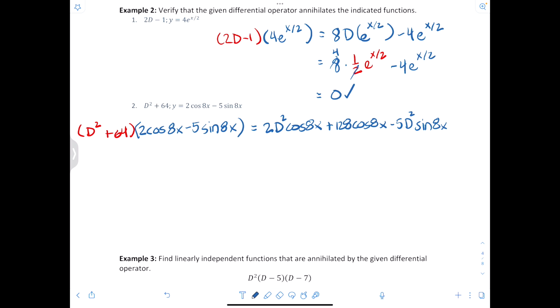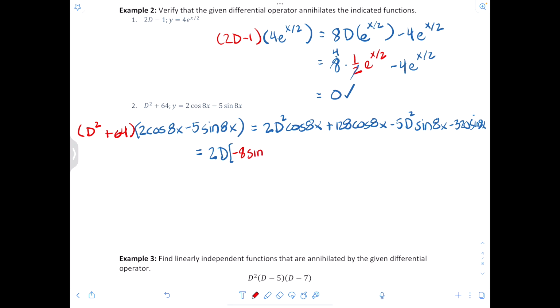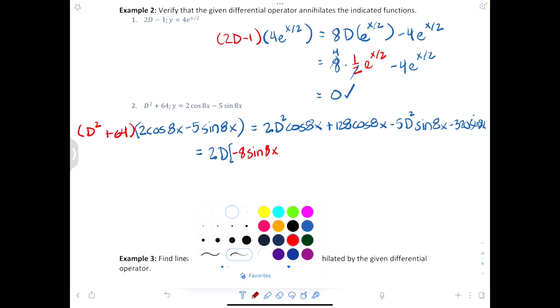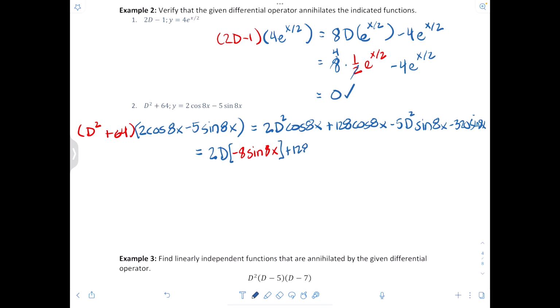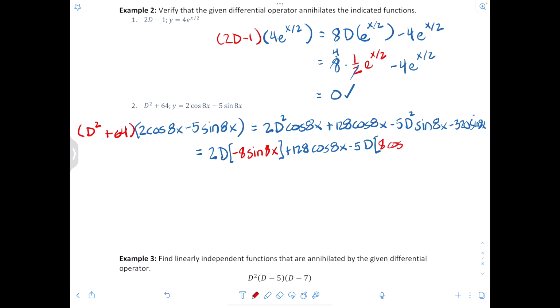And then 64 times negative 5 is going to be minus 320 sine 8x. 2 times the first derivative of cosine 8x, which is going to be negative 8 sine 8x, plus 128 times cosine 8x, and then minus 5 times the first derivative of sine 8x, which will just be 8 times cosine 8x, minus 320 sine 8x.